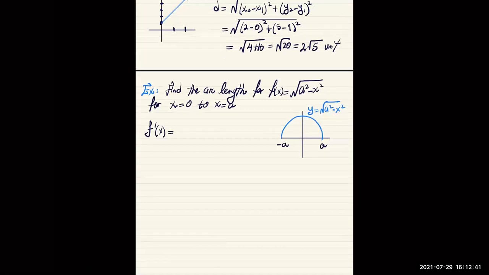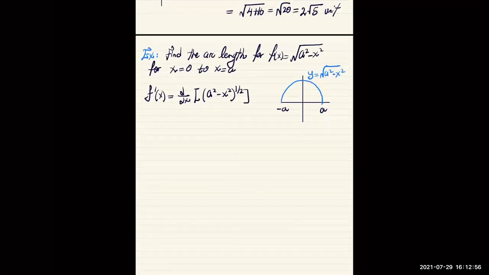So if I am differentiating this function, let me write the derivative out. The derivative of it is a squared minus x squared to the power of half. I'm writing it as a power because it's easier to take the derivative of. So using chain rule, you bring that half down.